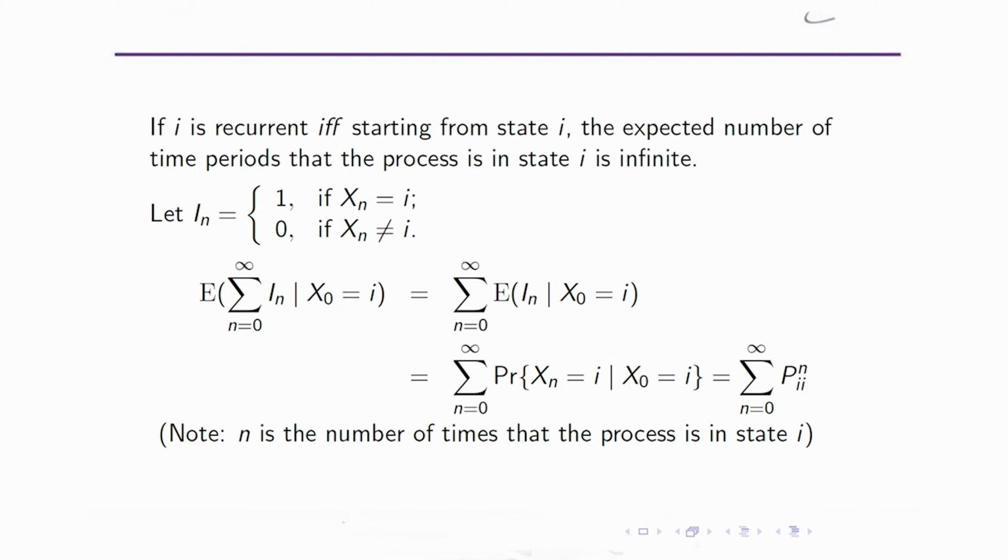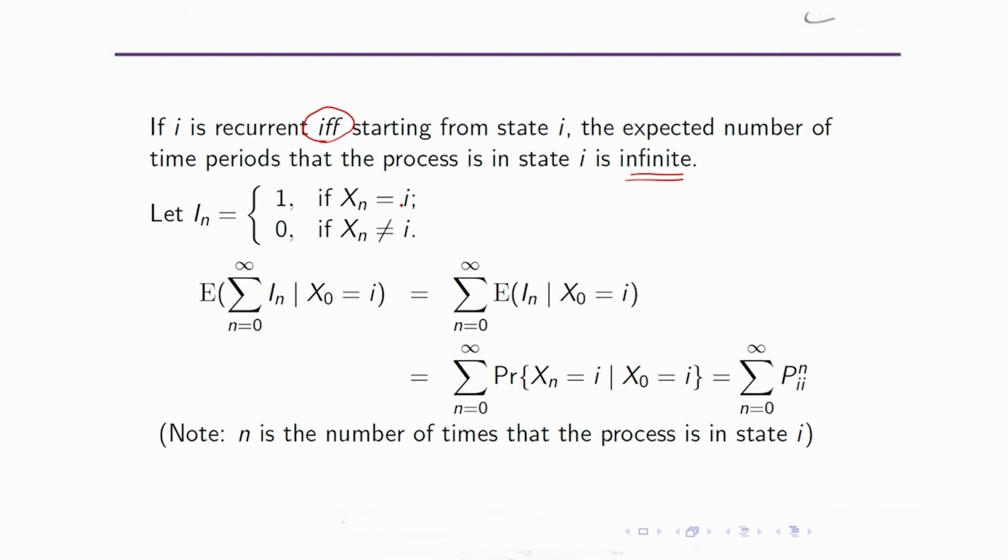So, i is recurrent if and only if, starting from state i, the expected number of time periods that the process is in state i is infinite. And specifically, we can let an indicator function In, which is 1 or 0.